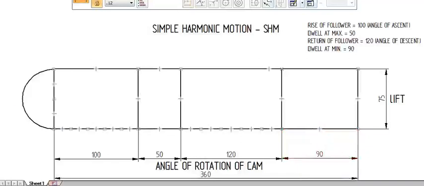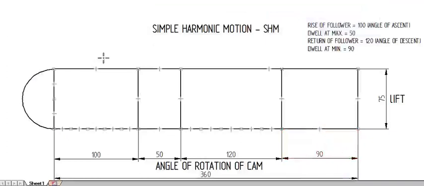I am also writing it as: this is the rise of the follower, this one is the dwell at maximum, this is the return of the follower, and last one is the dwell at the minimum.